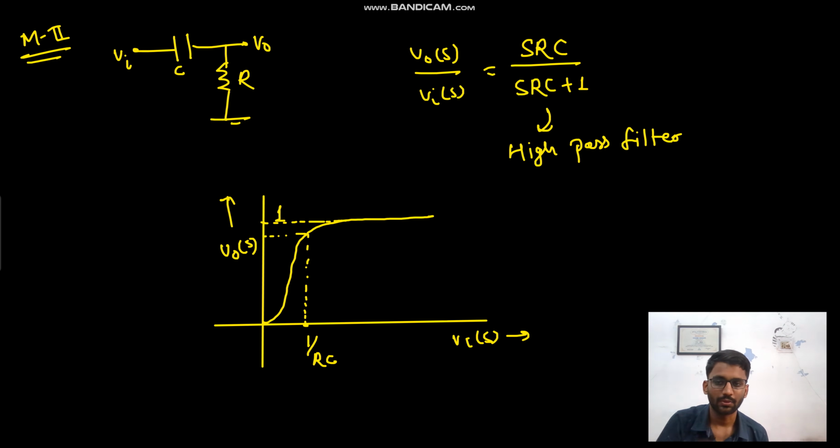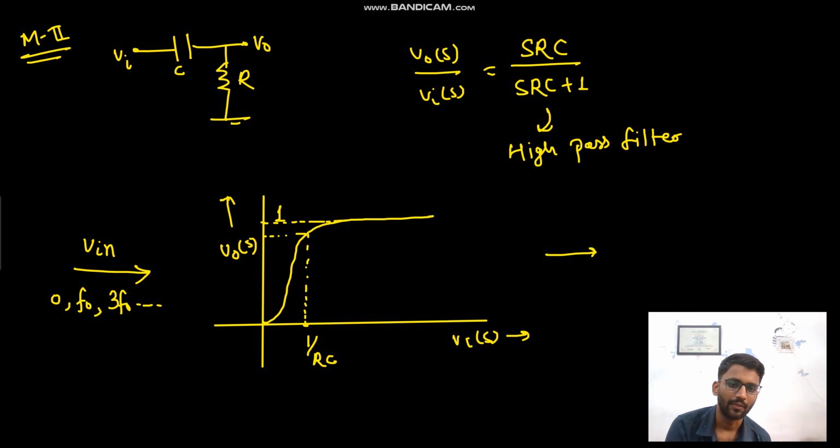Here we have an input that has frequency components of 0, f0, 3 f0 and so on, and then we will have some output.